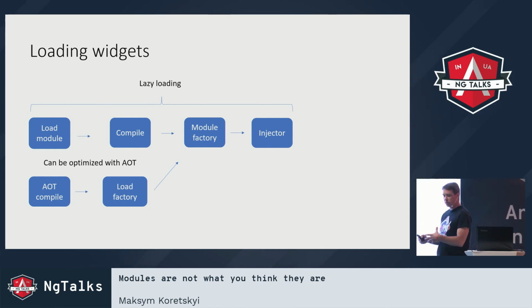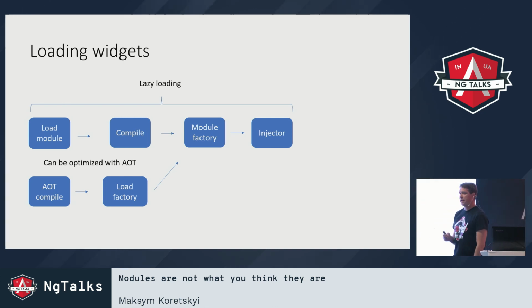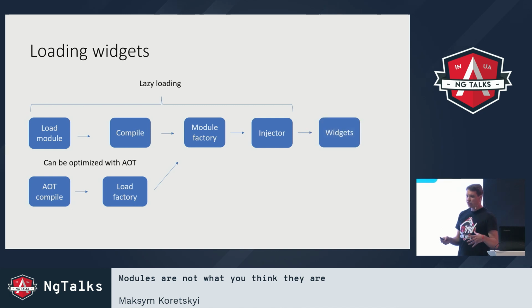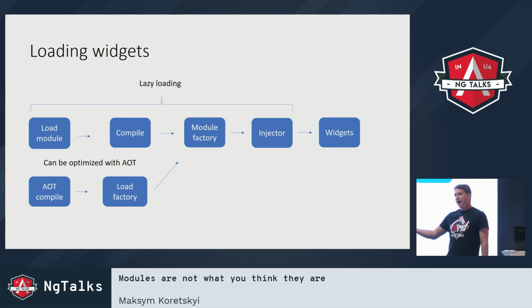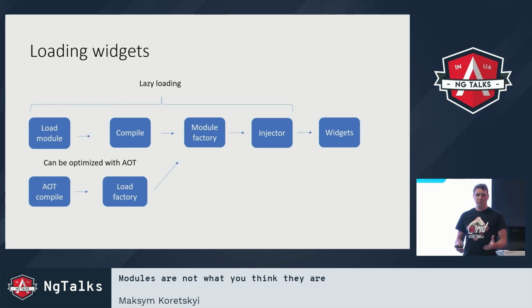We load the module, compile it, get the module factory, and an injector. You see, it's simply the same way we do with eager loaded modules. So we have an injector. What do we do with that? We need to somehow get access to these widgets that are part of that module.